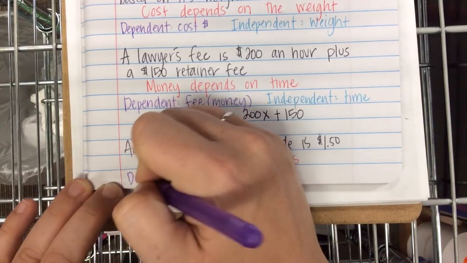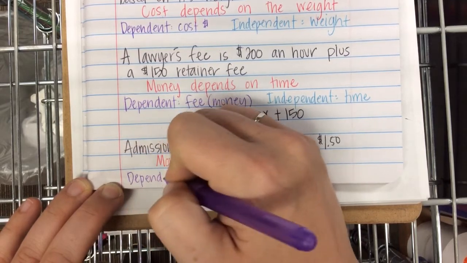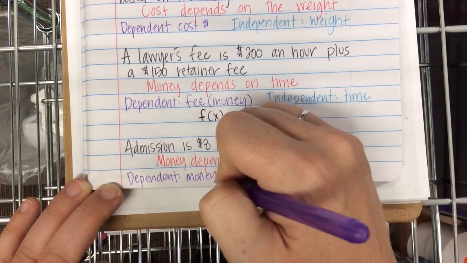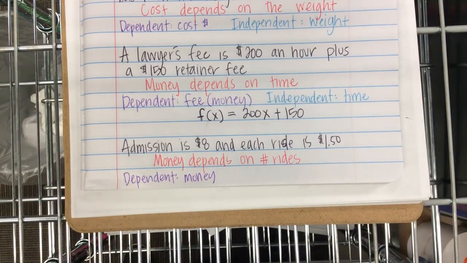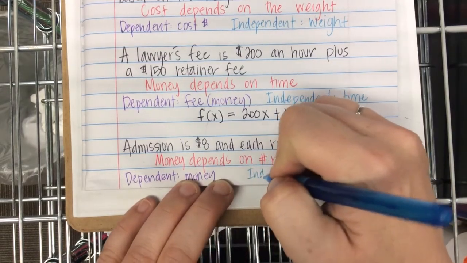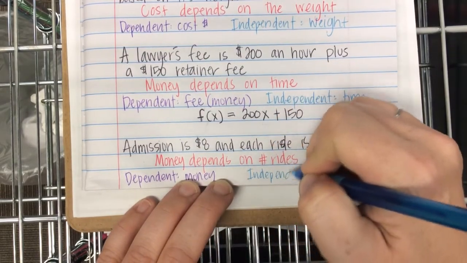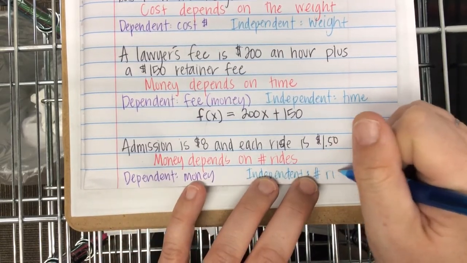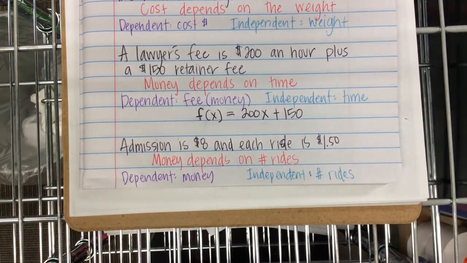So dependent is money, usually, and independent is the number of rides. Can you write an equation for this one too?